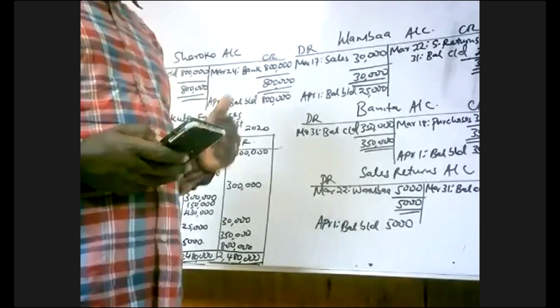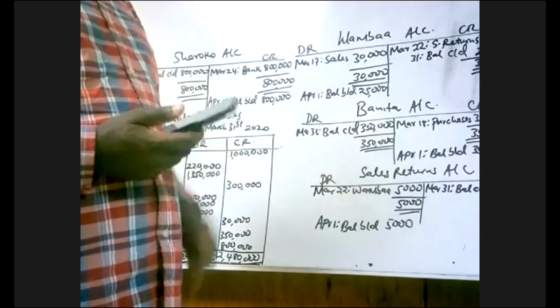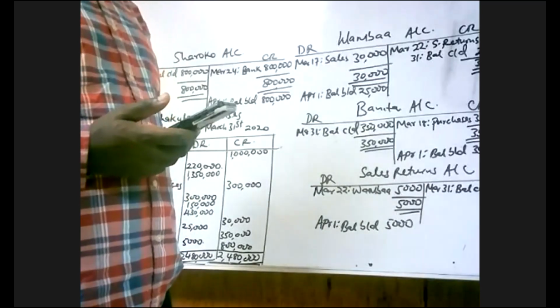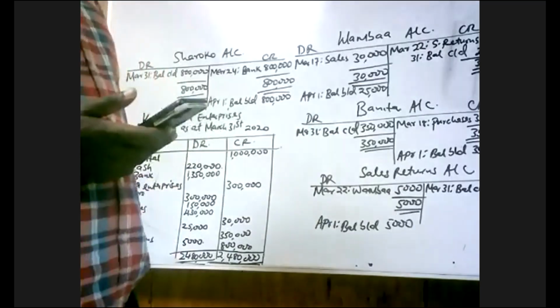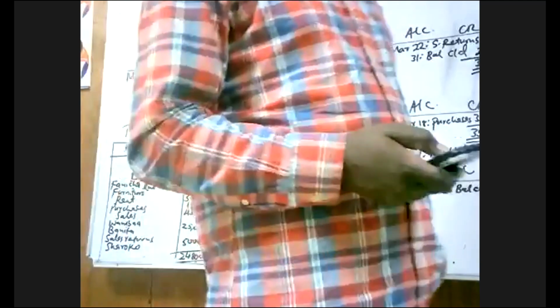Yes, the question will be very clear. We will tell you required: A, open the ledger accounts and balance them. B, prepare a trial balance. It will be very okay.